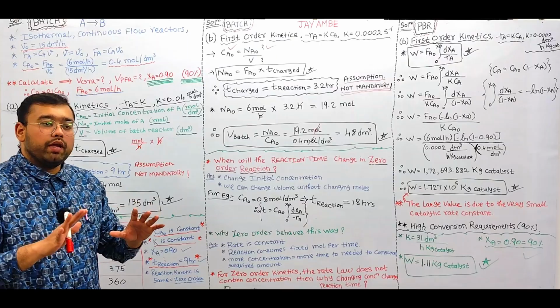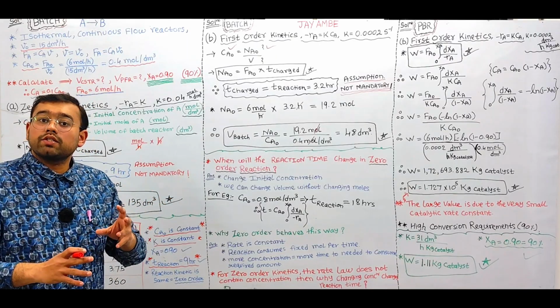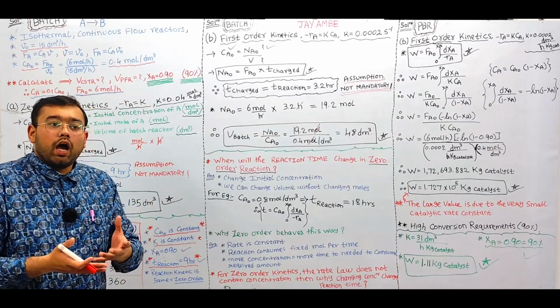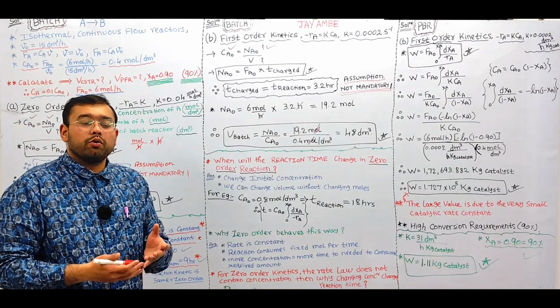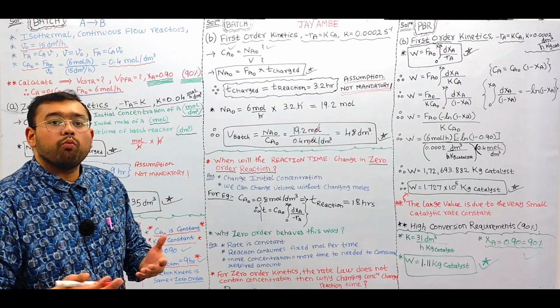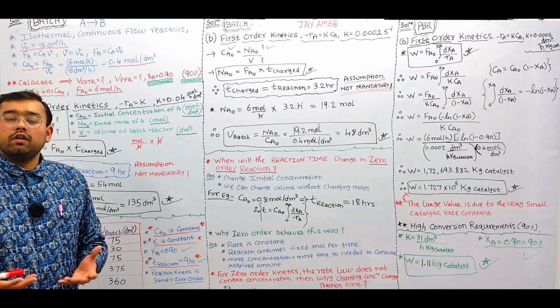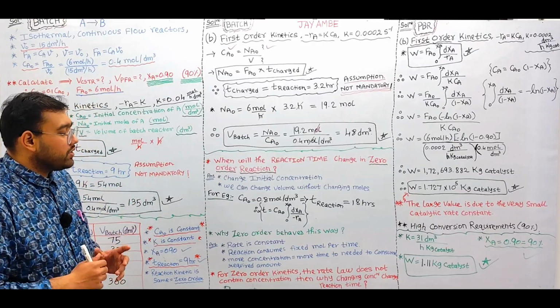I will make you understand in a very simplified way how we can change the reaction time from 9 hours to any other value. Let's say I want to complete my reaction within 3 hours, or within 1 hour, or within 10 hours. So we need to understand how we can vary this reaction time.